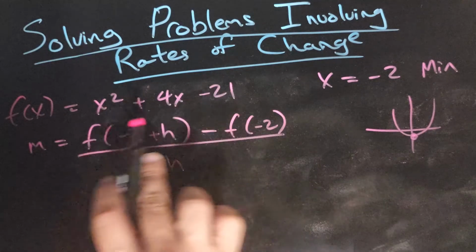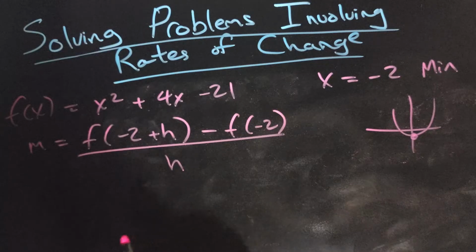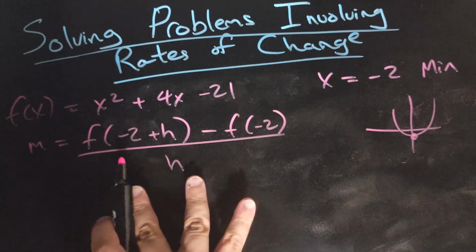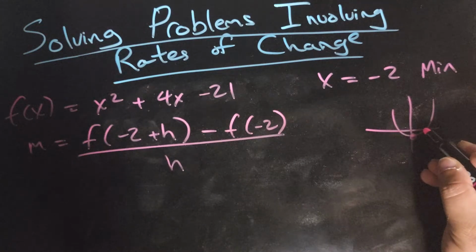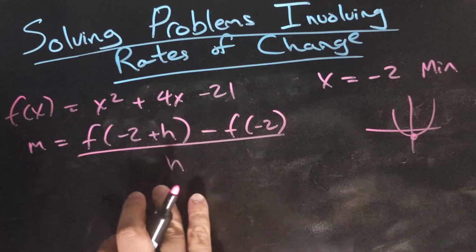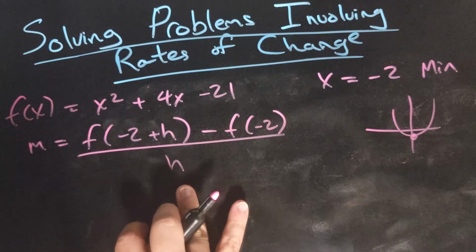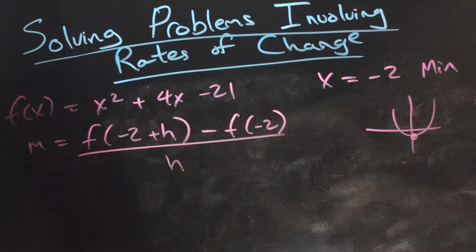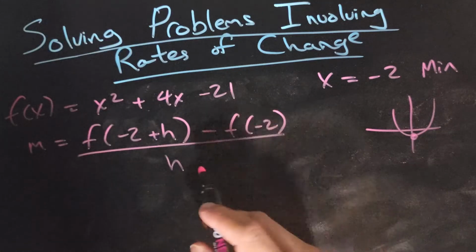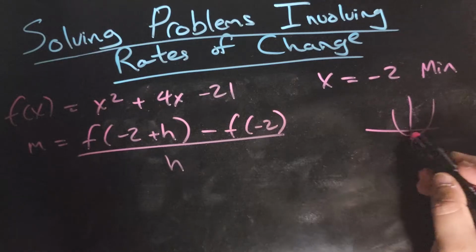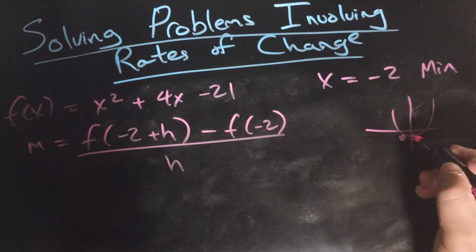Remember, this is a generic way of finding a slope. This just means that a point at -2 that is just slightly off by a little bit, we're going to use that point and the difference from there to find a slope of a tangent line. So to find or to estimate the slope of the tangent line at x equals -2, it's going to be somewhere here.